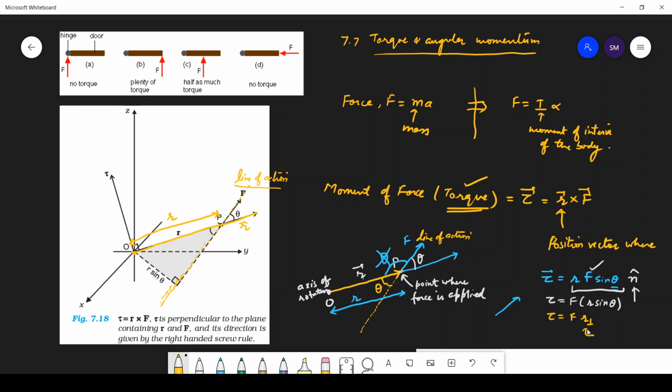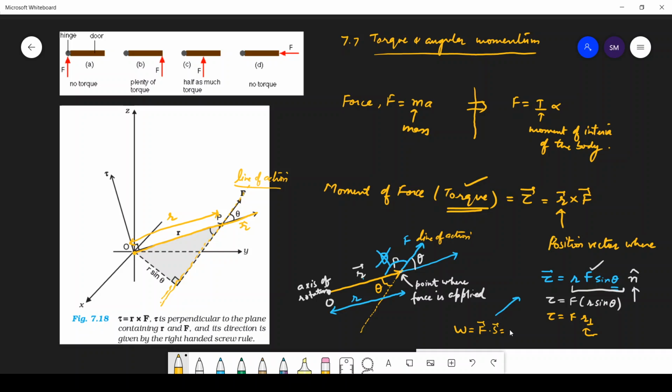That is very important, students. You will face it in physics in higher classes, even in 12th class, even in 11th class. So F into r perpendicular. When there is the formula of work, work done is equal to F dot s.